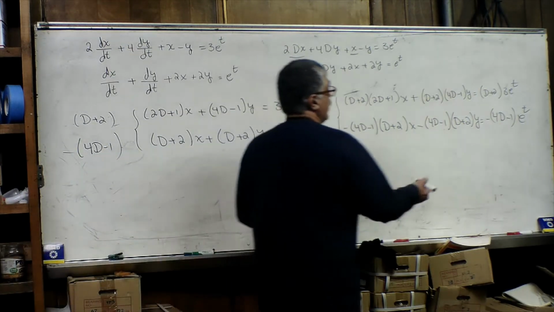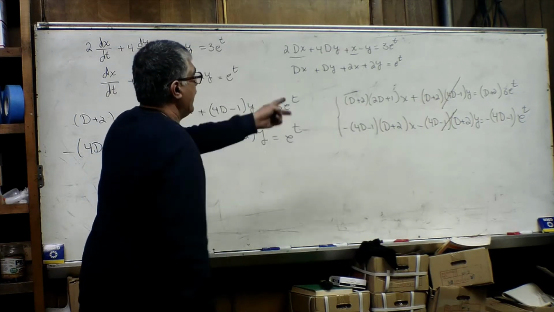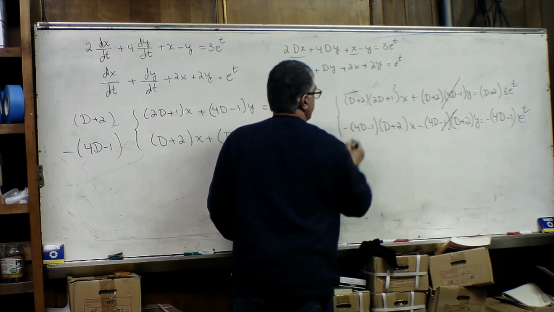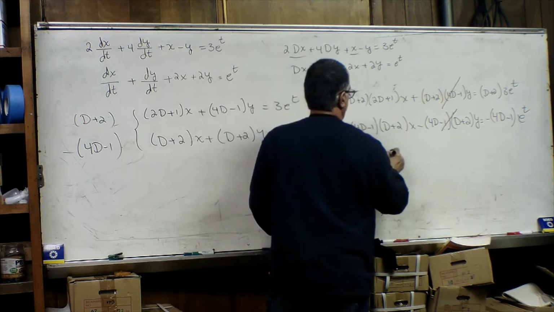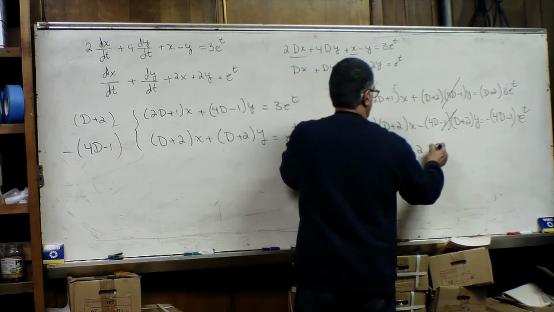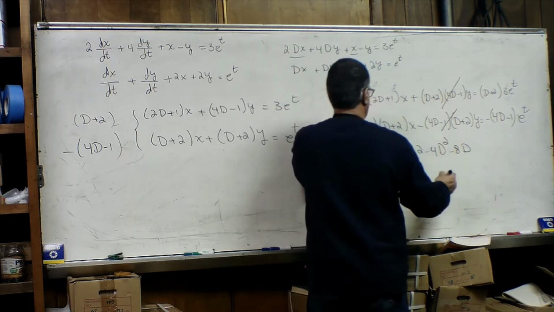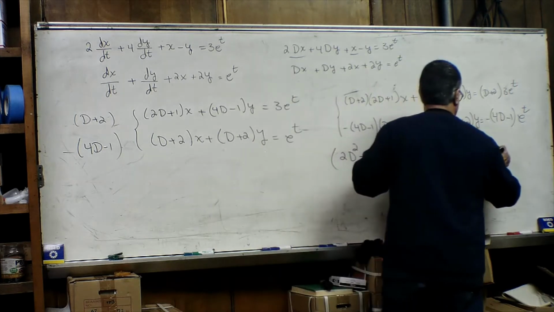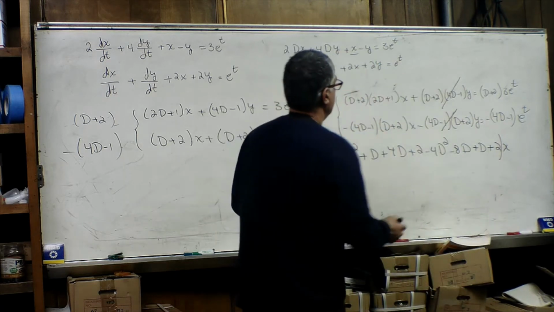Now we can see that if we add these two equations, the y's will cancel out, and we can write this as 2D squared plus D plus 4D plus 2, minus 4D squared minus 8D plus D plus 2, x.